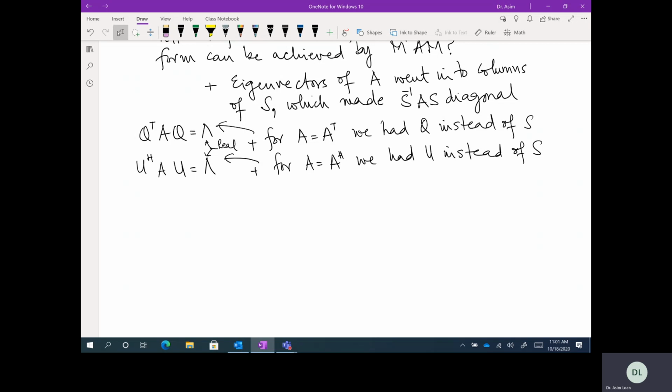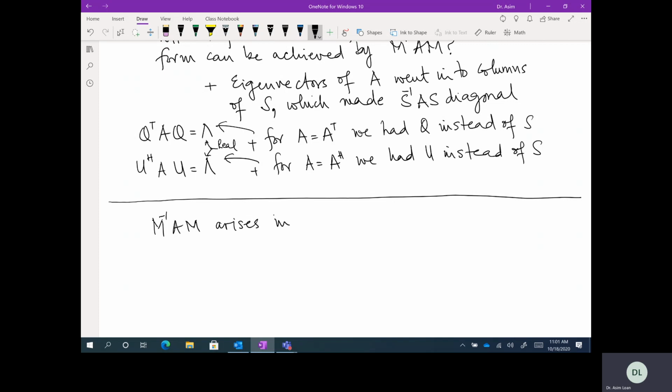Okay. So where do we use this similarity transformation? M inverse AM arises in differential or difference equations, when we had powers of A, or e to the AT, if you recall.